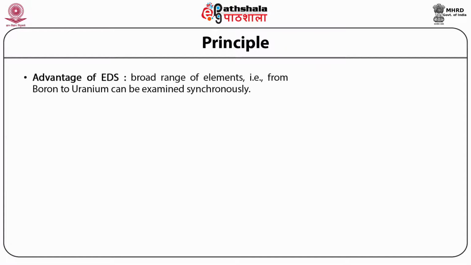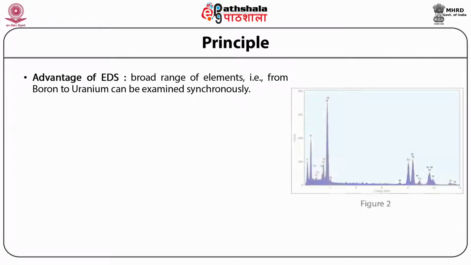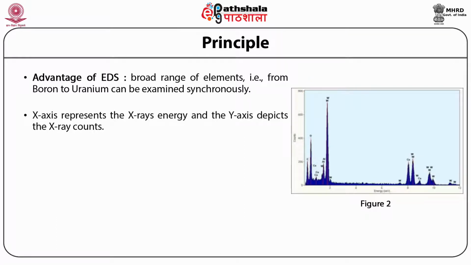Some basic advantages of EDS include that a broad range of elements, that is, from boron to uranium, can be examined synchronously. Figure 2 shows a typical EDS spectrum. Here, the x-axis represents the X-ray energy and the y-axis depicts the X-ray counts.